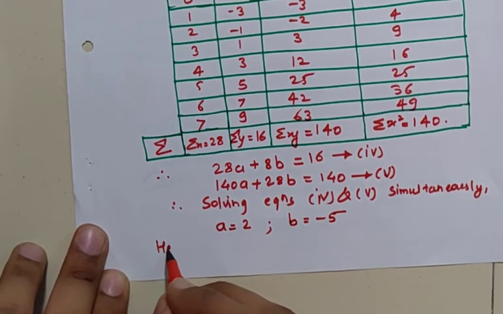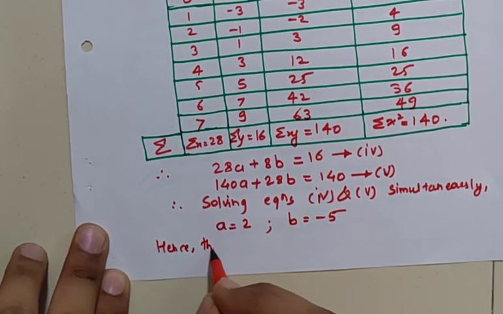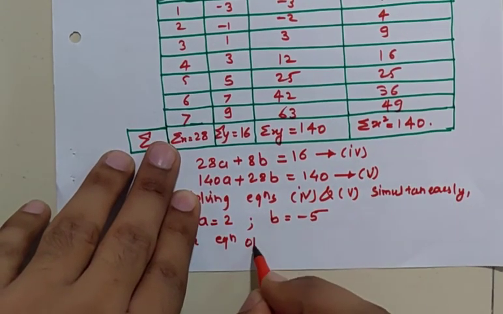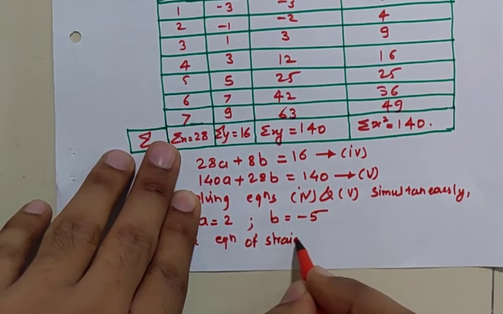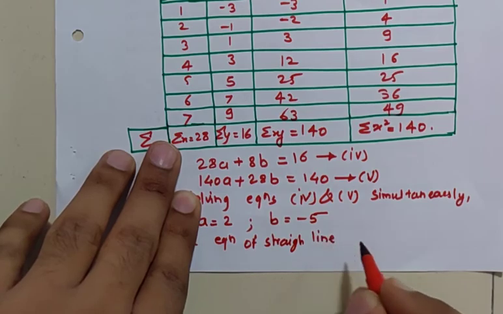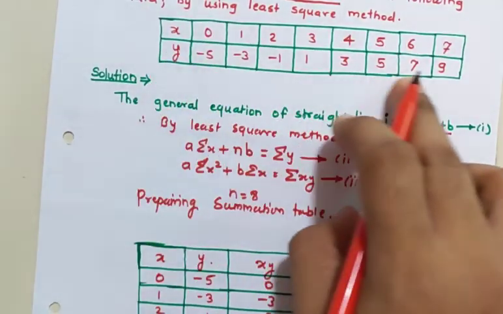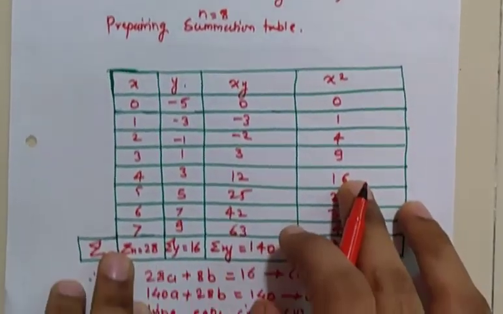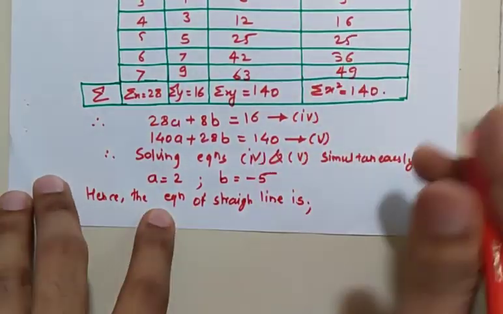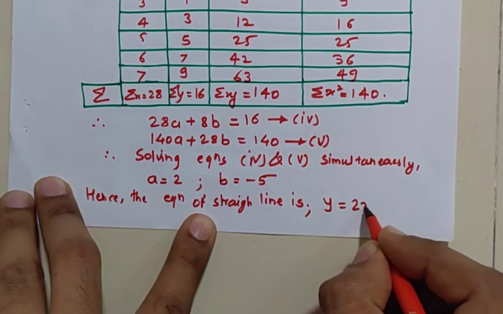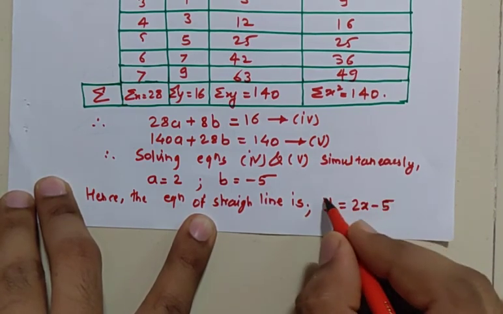Therefore the equation of the straight line, or the best fit curve for the given set of values of x and y, is y is equal to ax plus b. So it is y is equal to 2x minus 5.